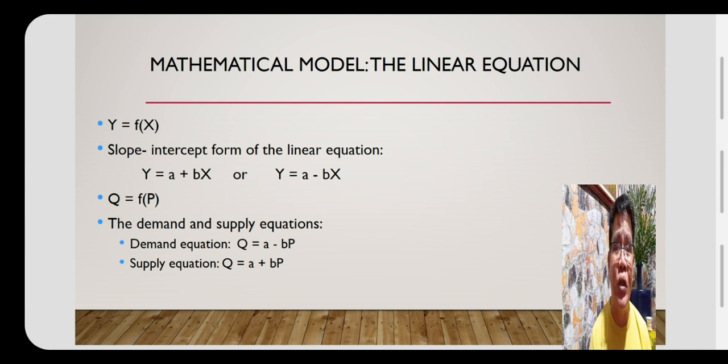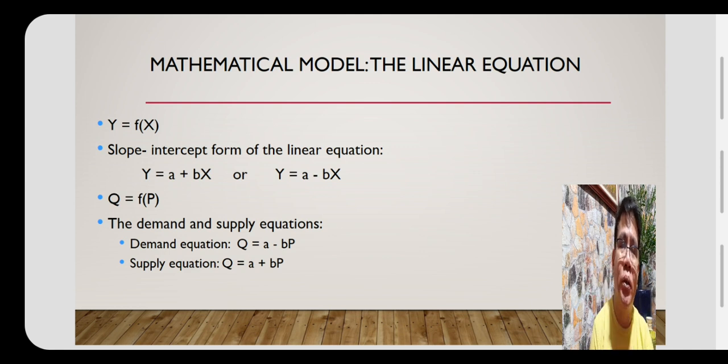I actually make use of the term intercept here. The term intercept, if you can imagine a line that is either inclined upward or inclined downward. In that particular line, of course, a line is made up of two or more points.